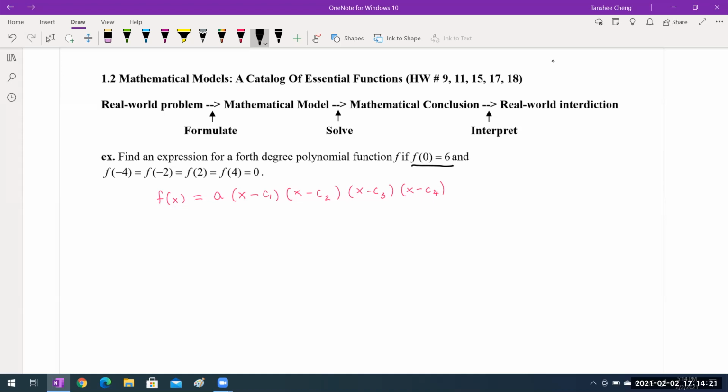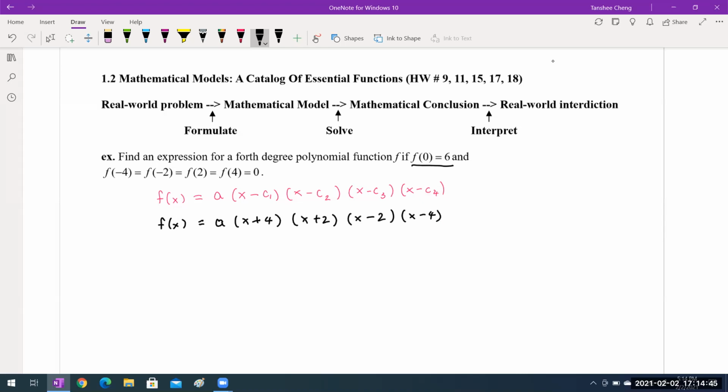We have a family of them. So at this point, first, we're going to substitute the zeros. When the zero is -4, that will become x plus 4, then x plus 2, x minus 2, and x minus 4. So we got 4 zeros right here.